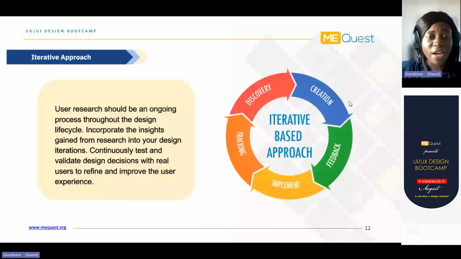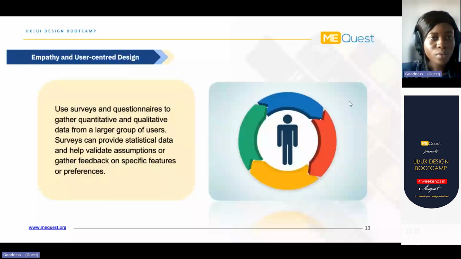Is this solving the problem? So at every point in your design process, you want to keep going back to users and making sure that everything works perfectly. Incorporate the insight gained from research into your design iterations. Continuously test and validate design decisions with real users to refine and improve the user experience, right?